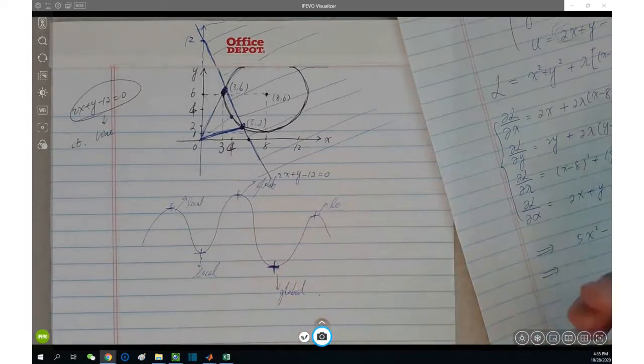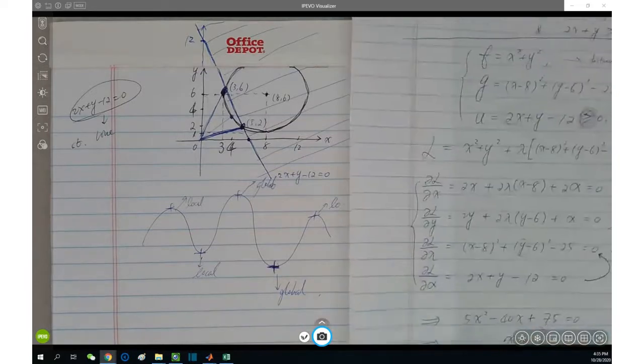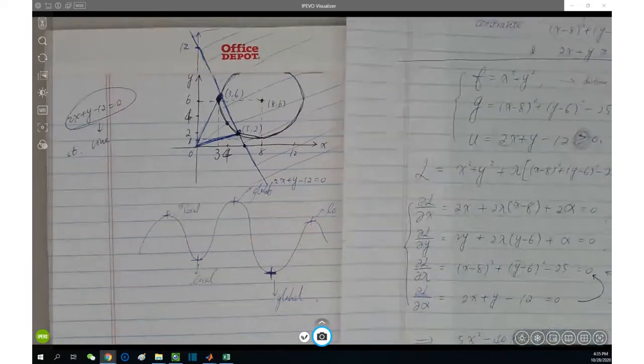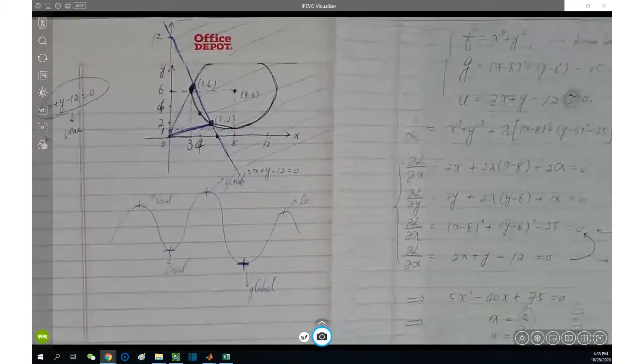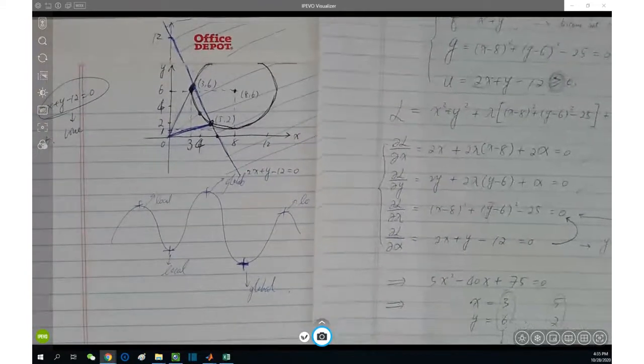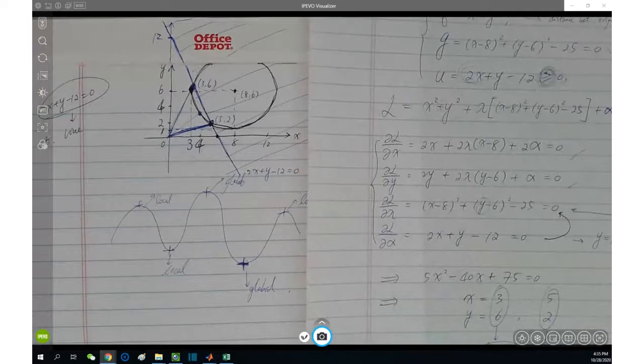All right. Any other questions? Any concerns? Not very difficult, I don't think so. Can we assume that the higher value is a global maximum? We can only say that it's just a maximum or nothing at all.